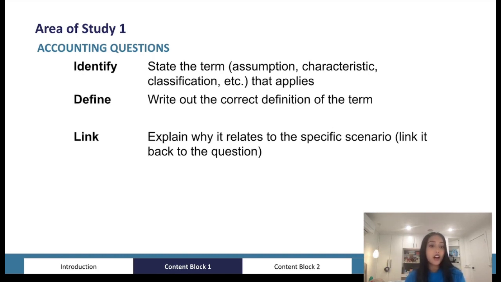Or when it comes to other theory questions, specifically discuss or explain questions that are a little bit more complicated, that's where linking it back to the context of the question is really, really helpful, and it can get you those extra marks. It'll take you from getting a 4 out of 6 to a 6 out of 6. And that's what we want to be aiming for, right? We want to be aiming to get full marks.